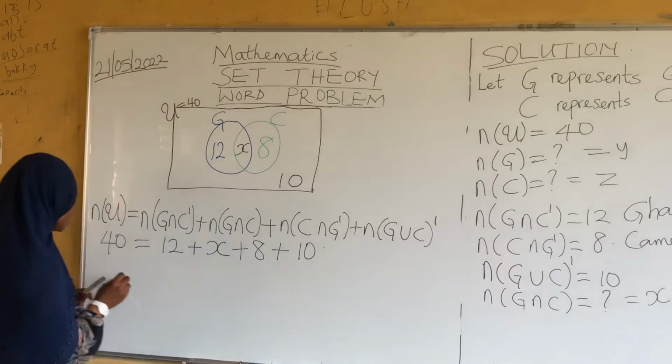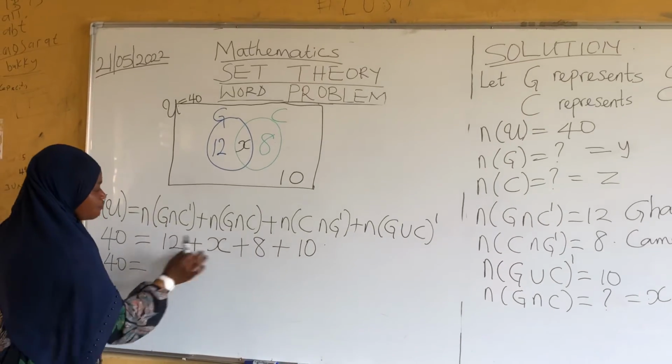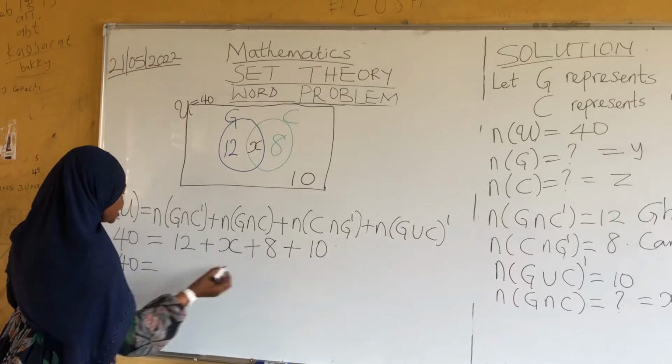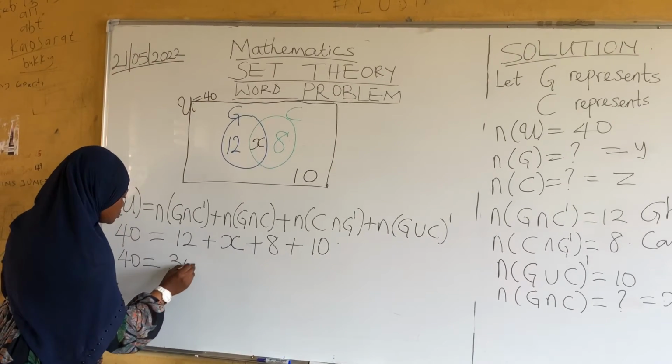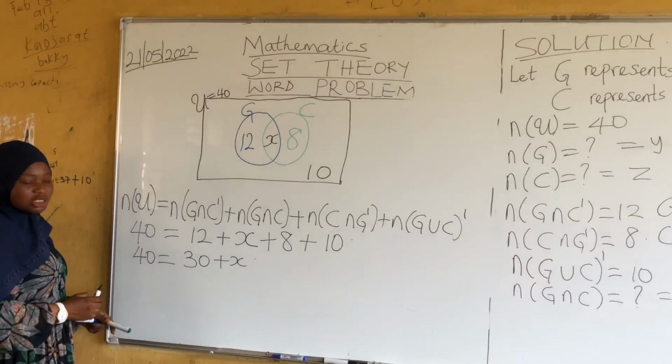So let's add and simplify. 12 plus 8 is 20. 20 plus 10 is 30. So 30 plus X.